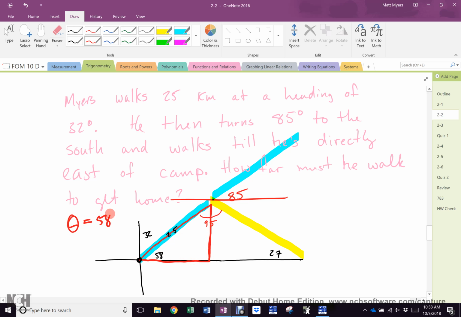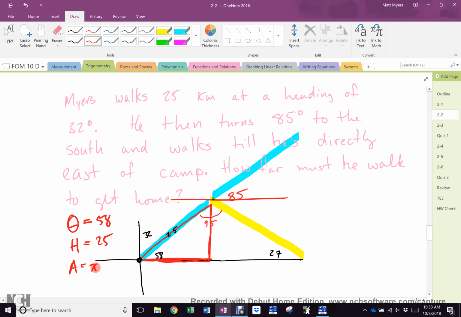What else do I have in the red triangle? I got 25, which is hypotenuse, yes? Hypotenuse equals 25, right? What do I need? I need this leg, right? Which is what? It's adjacent. So my adjacent would equal x, correct?